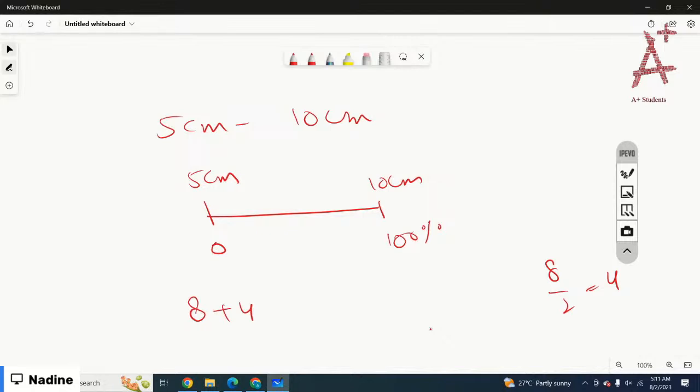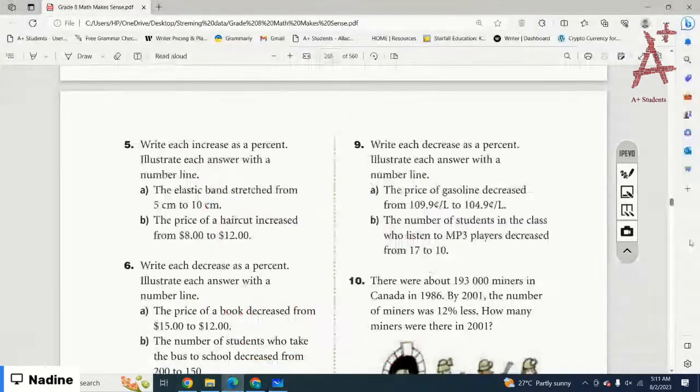That means it is increased by 50% and now it is 12. So originally it is 0%, it is at 8, then it is increased by 50%, and that would be 12, right? Okay.